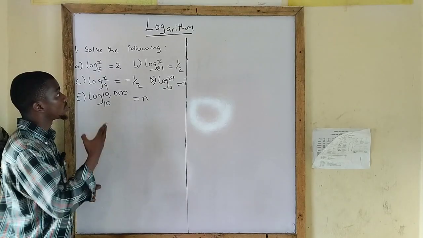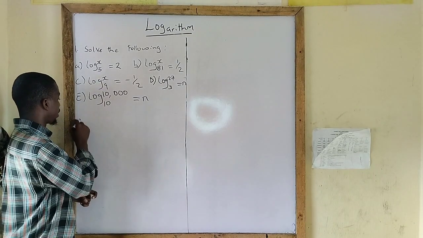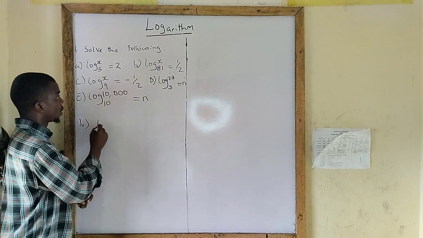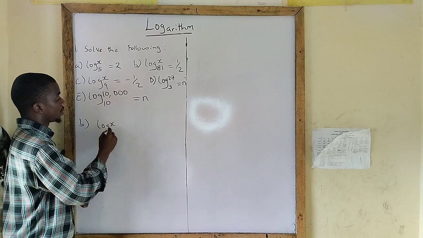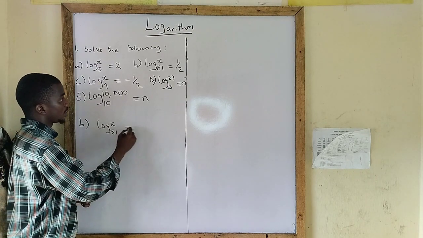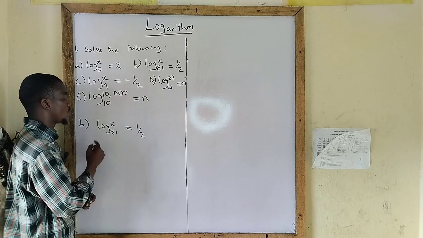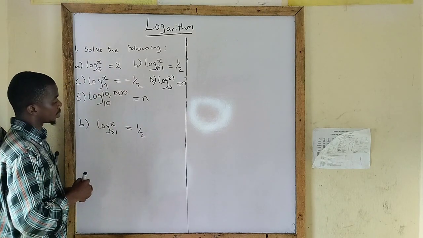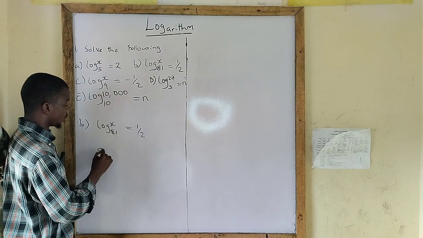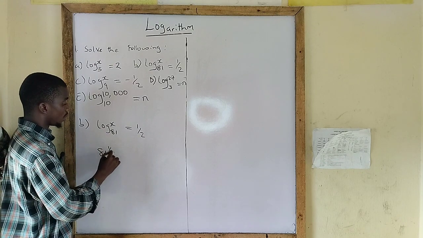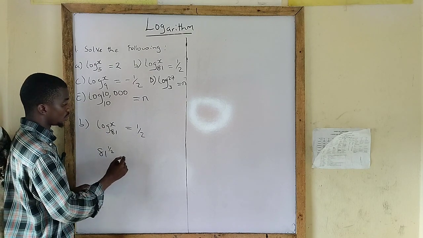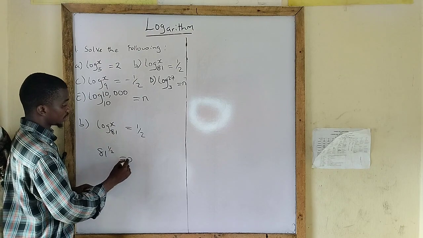Okay, so we go to the next question that says log x base 81 is equal to one half. So we first write this in the exponential form. This is 81 raised to the power of one half, which is equal to x.